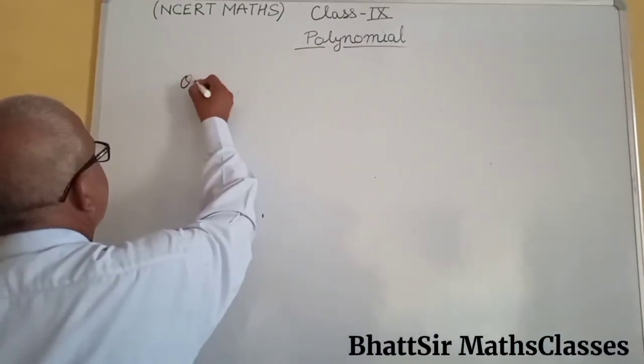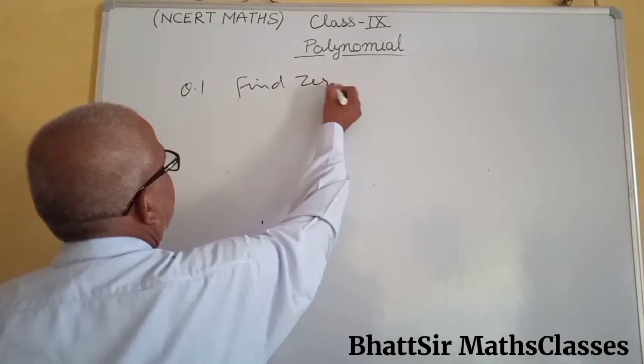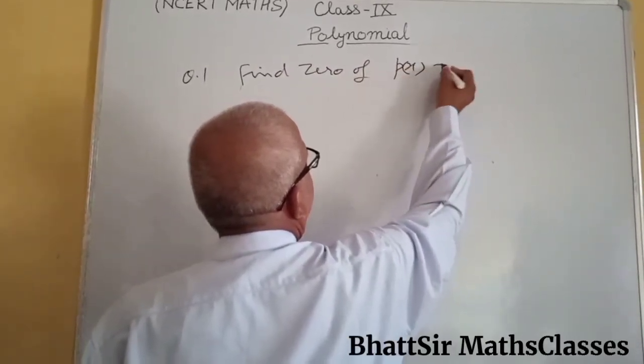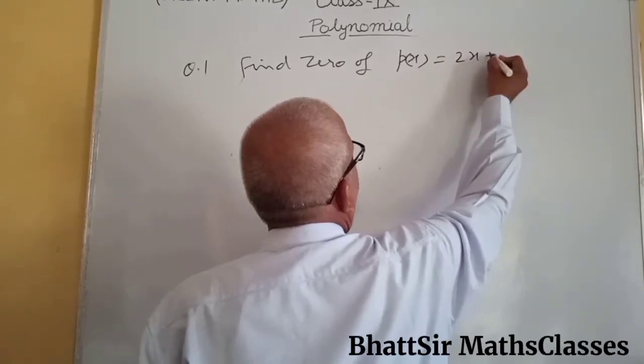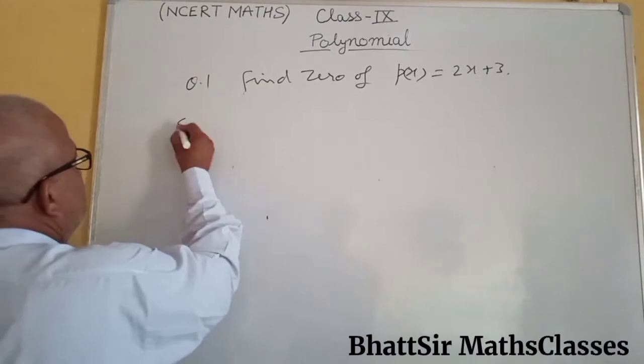Question is, find the zero of p(x) equal to 2x plus 3. So I am giving a solution.